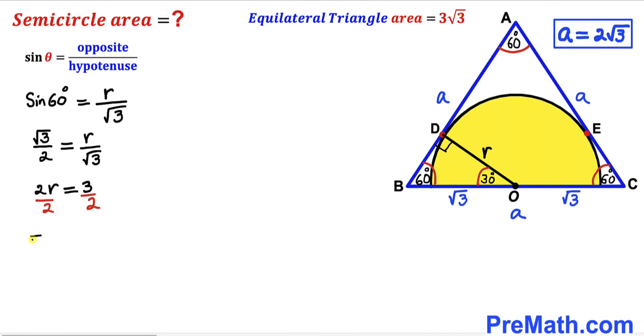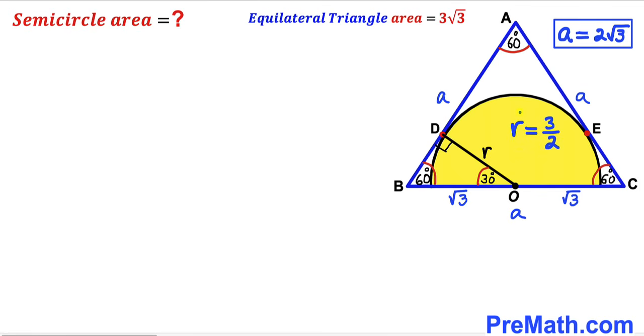So therefore our radius lowercase r turns out to be equal to 3 divided by 2 units. So thus the radius lowercase r of this yellow shaded semicircle turns out to be 3 divided by 2. And here's our final step. Now we are going to calculate the area of this yellow shaded semicircle.